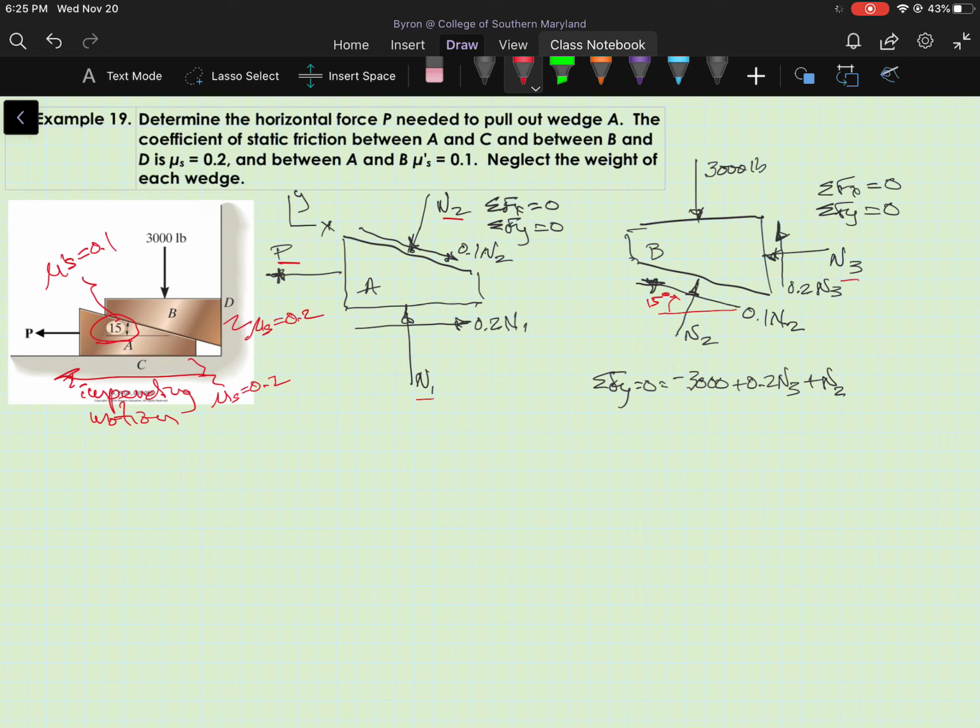And if that's 15 degrees, then this is also 15 degrees in here.